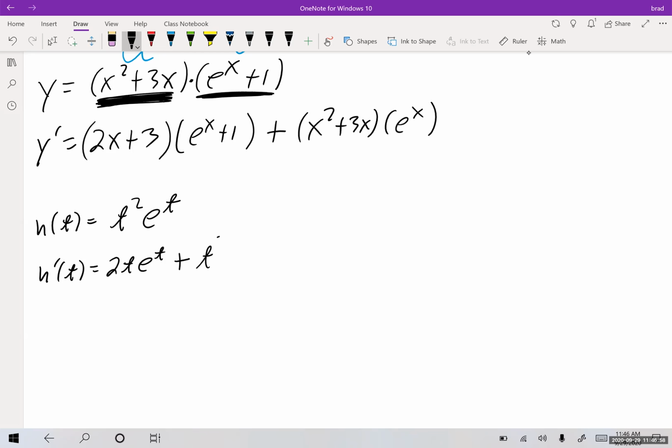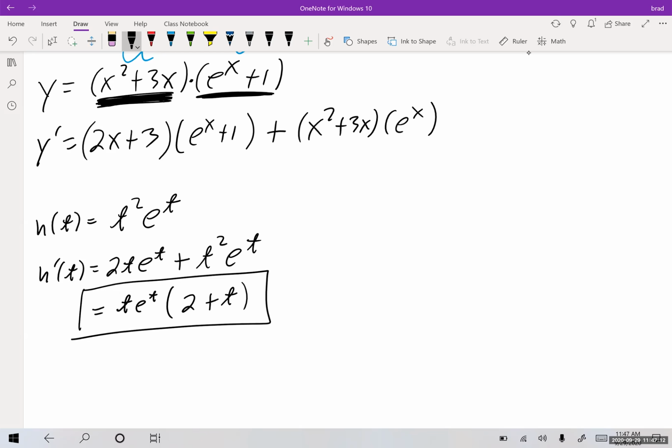Now I'm going to rewrite t squared, and then the derivative of e to the t is e to the t. Now we could factor out a t e to the t, and that would leave us behind 2 plus t. So in this case, factoring helped a lot. It makes it look a lot simpler, a lot cleaner. Okay, let's look at another one.